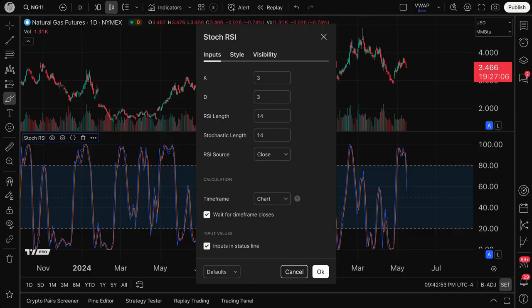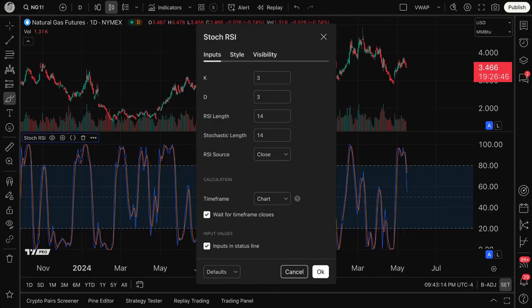So by default, it is set to 3. You can see here it says 3. And in that case, the indicator is going to be examining the past 3 RSI values to determine that relative position.